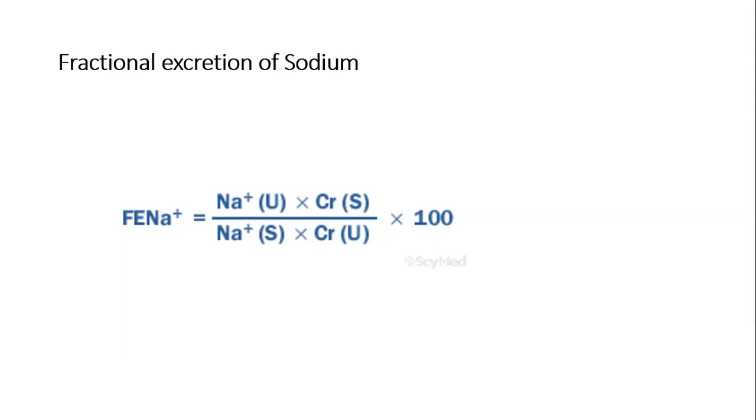If the value is less than 1, that means the excretion has reduced and the kidney is concentrating more to make up for the blood pressure or something. So as a rule of thumb, if you get a fractional excretion of sodium of less than 1, the cause of the kidney impairment is basically pre-renal.